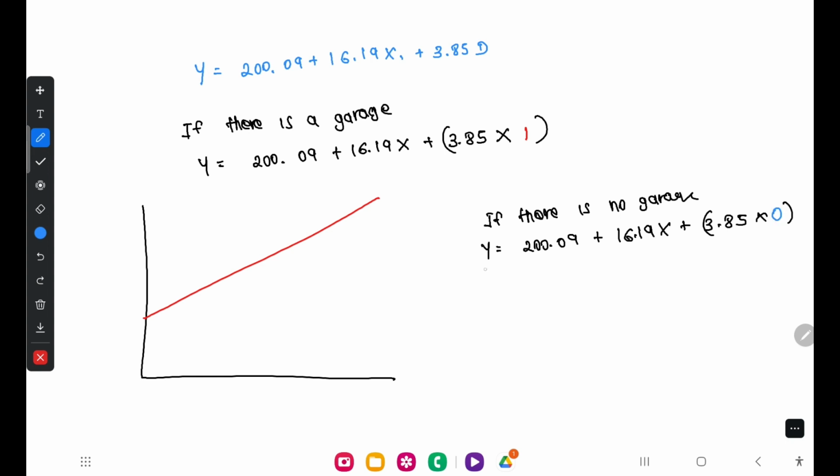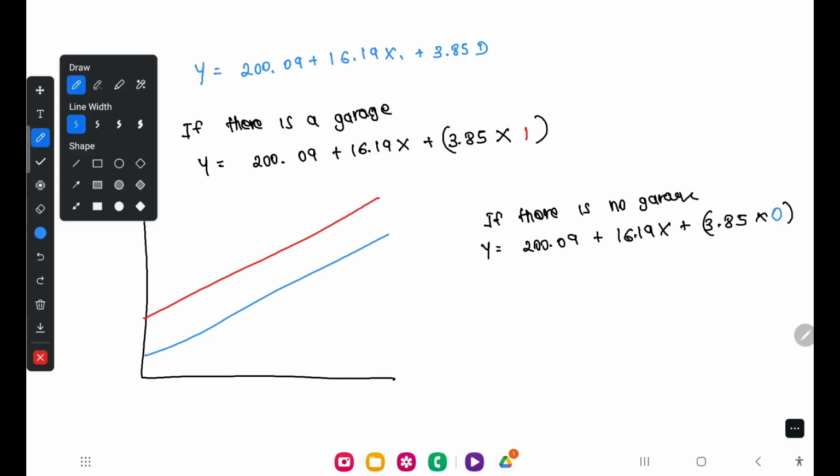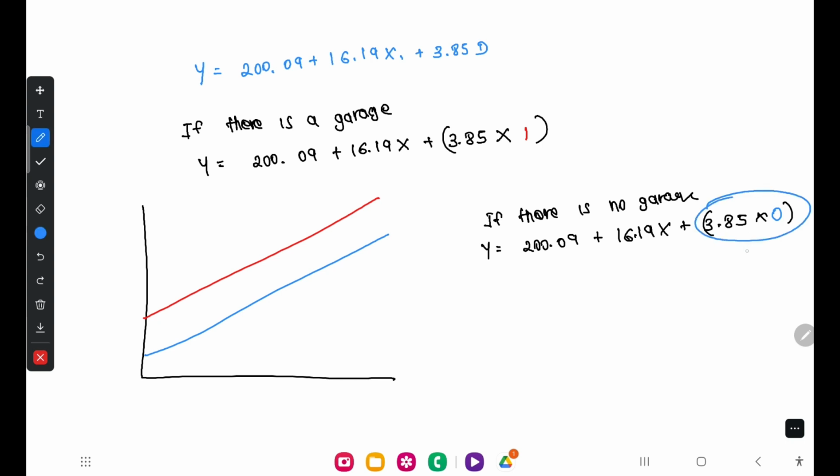Now will this line come above the house with a garage or below? It's gonna come below. Why? Because over here, if you see this 3.85 into 0, the entire thing becomes 0. So this is the equation which is remaining.